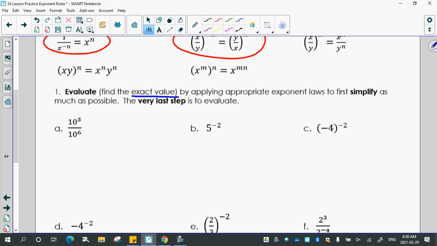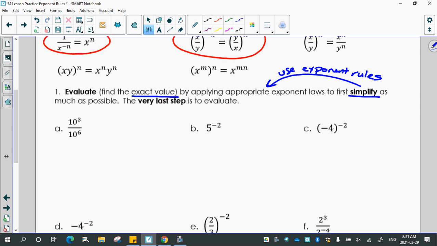First simplify by applying the appropriate exponent laws. So that's going to be your simplify step, using the appropriate exponent rules. And then the very last step, go to your calculator and evaluate.